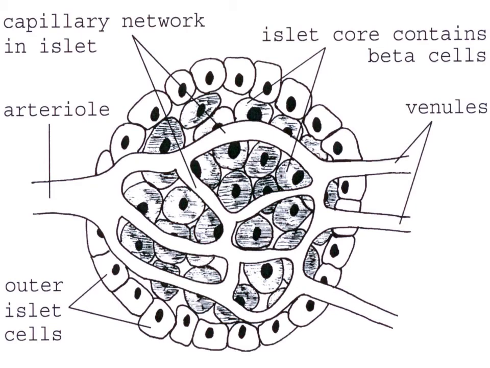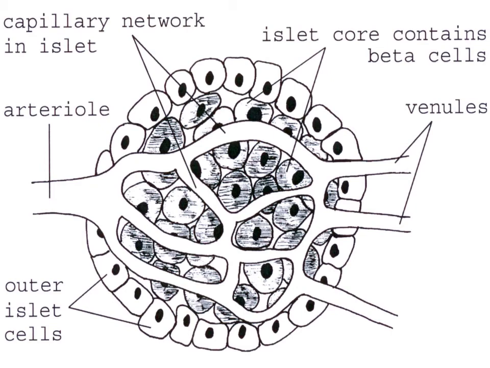And the cortex contains the alpha cells, and the alpha cells are sensitive to falls in blood sugar levels. So if you like, the beta cells are hyperglycemia detectors, and the alpha cells are hypoglycemia detectors, detecting falls in blood glucose levels.